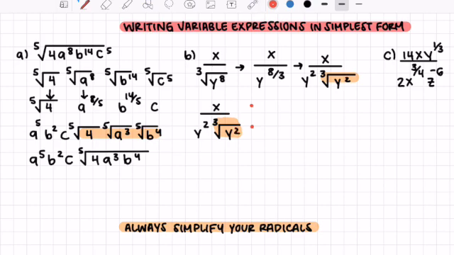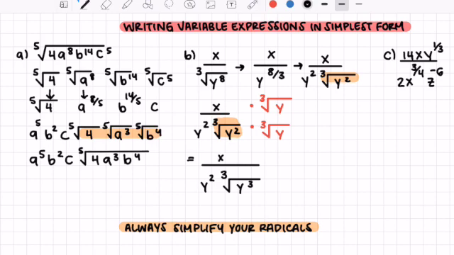So if I were to multiply cubic root y to both the bottom and the top, then on the bottom I would have y to the power 2 times y, which gives me y to the power 3.